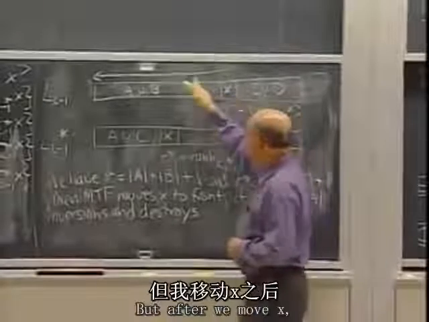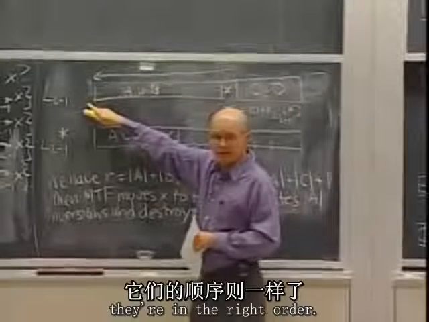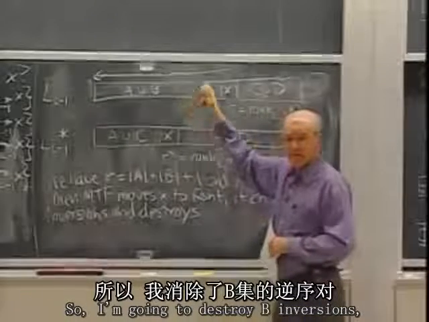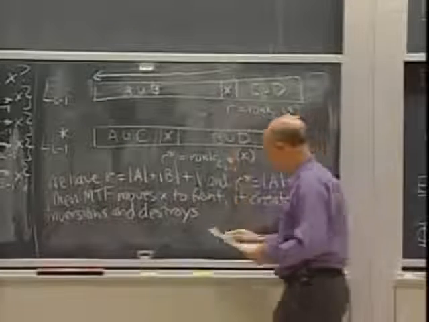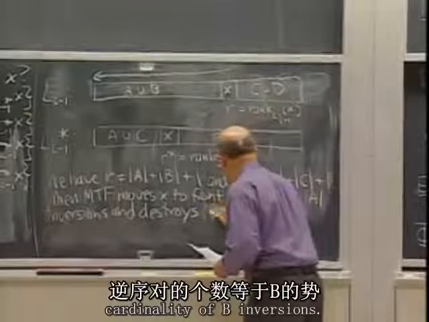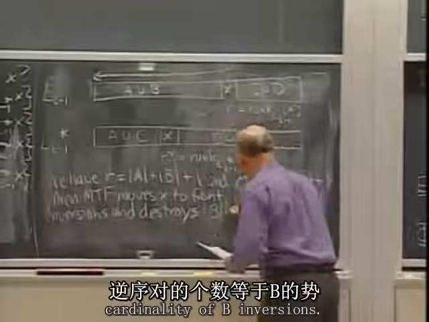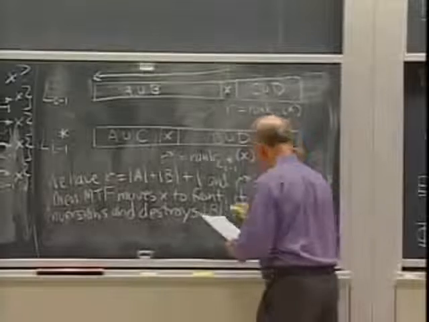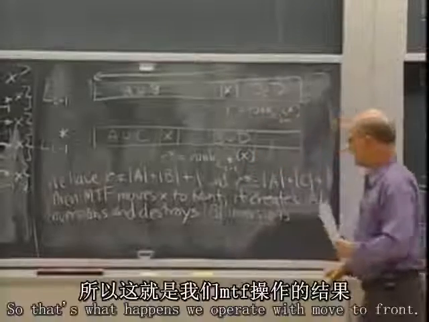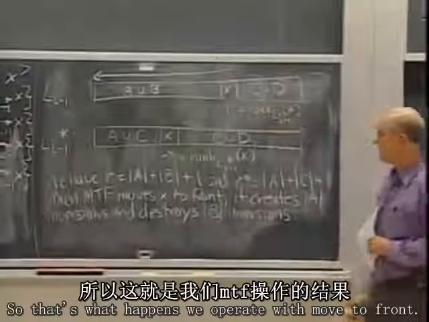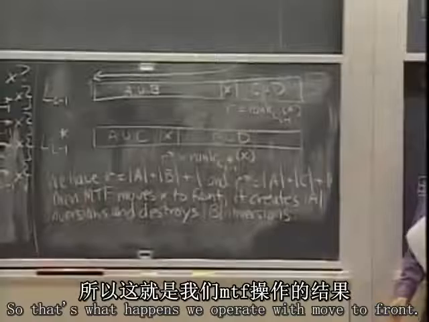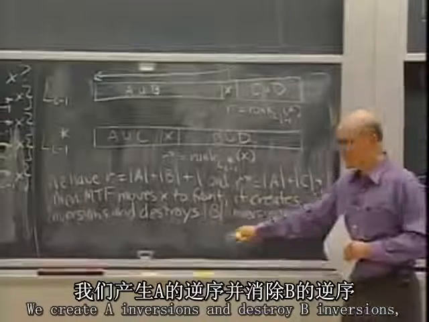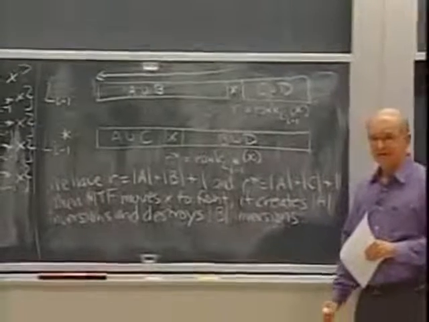But after we move X, they're in the right order. So I'm going to destroy cardinality of B inversions. So that's what happens when we operate with move to front: we create A inversions and destroy B inversions.